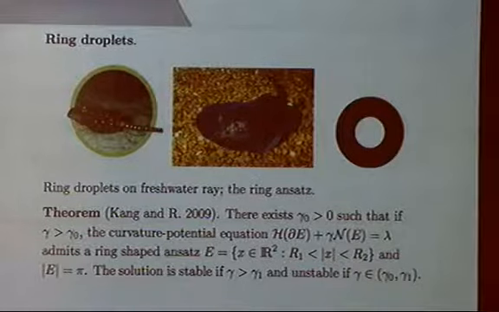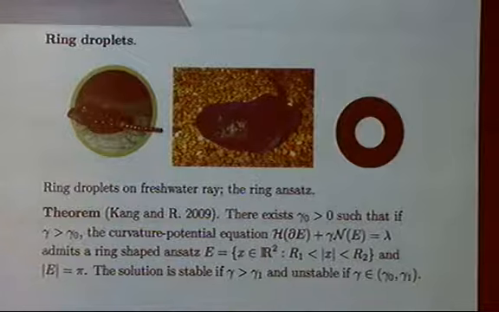But in this ring case, the inner radius depends on gamma. When gamma changes, the shape of this ring also changes. Actually, when gamma gets bigger, this ring also gets bigger, and thinner. Therefore, there's a balance between larger gamma and the shape of this set. And it turns out it's better to have a large thin ring to have stability.